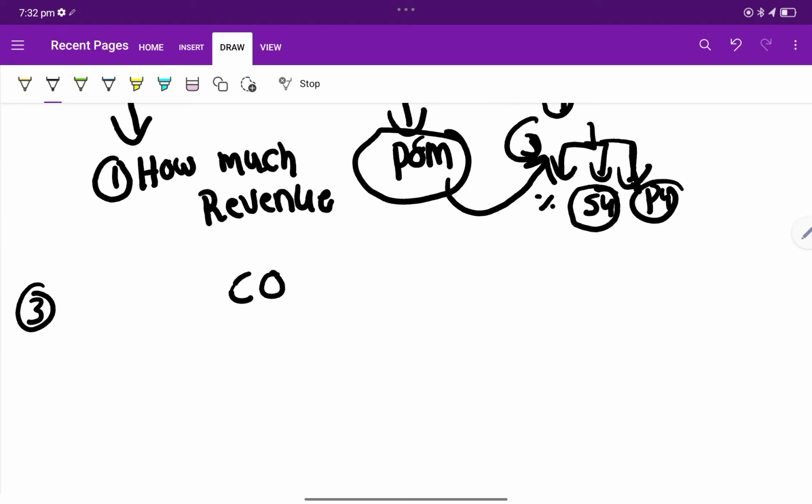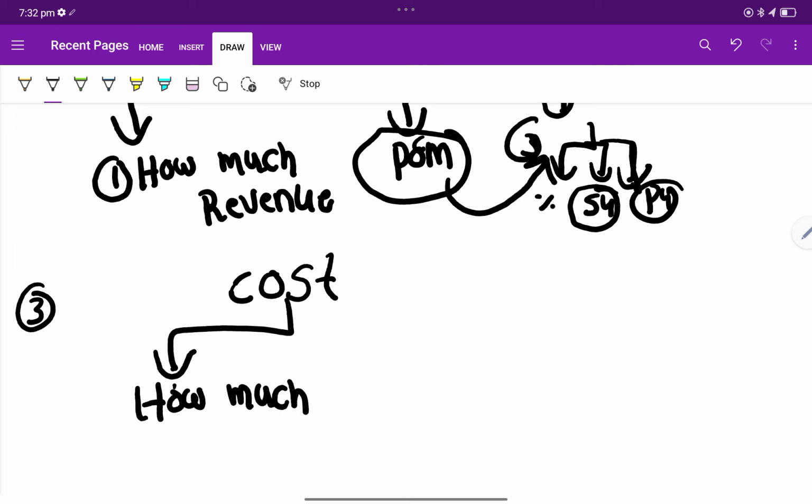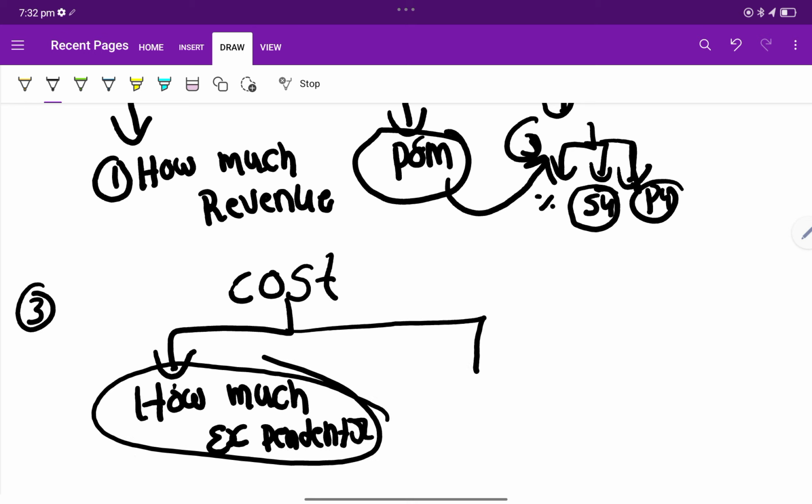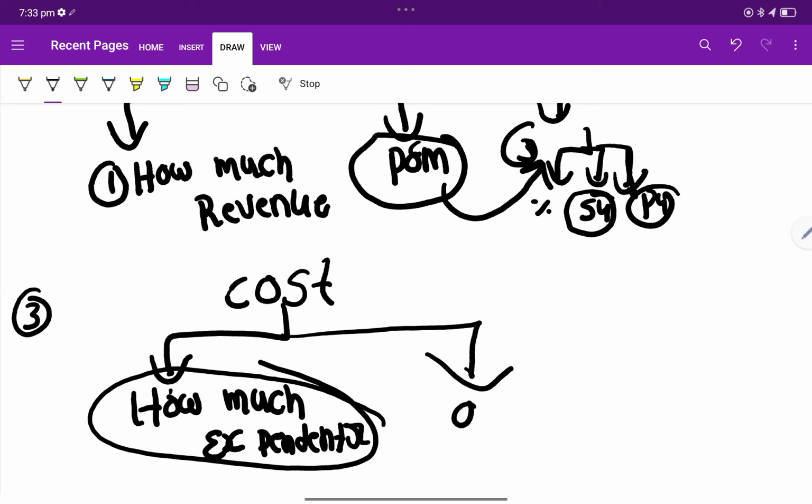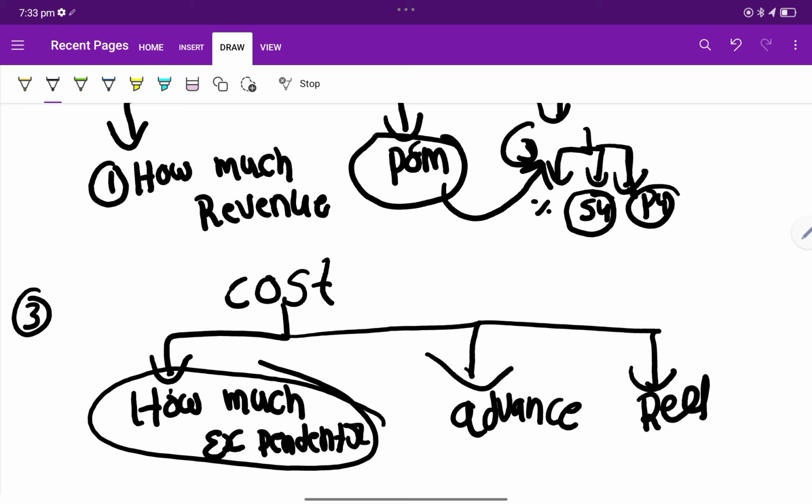Next, Nana, cost. How much expenditure incurred till the date. That is the first point you need to remember. Second, any advance received from that party. Third, any retention amount with that party.